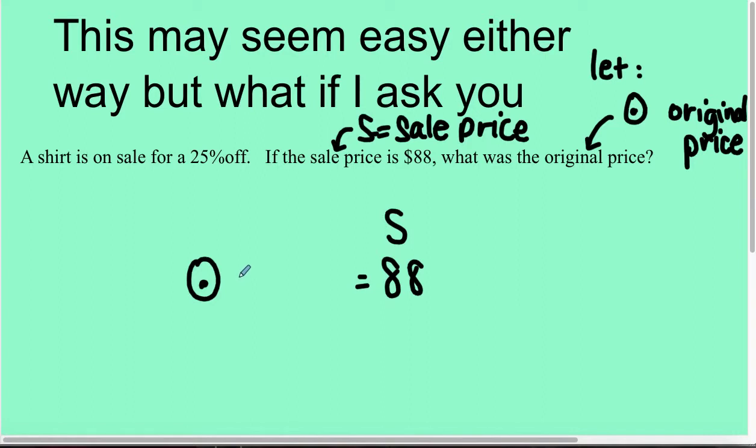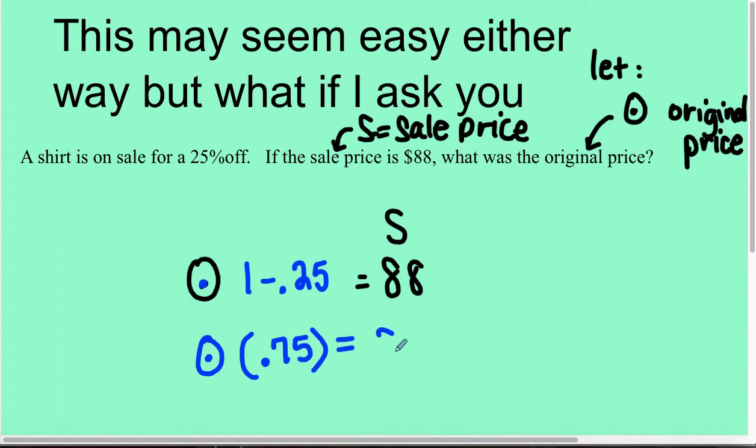Well, doing 2 steps at once can get very tricky. But instead, if I take that original price and I multiply it by 1 minus 0.25, that's going to give me the original price times 0.75.